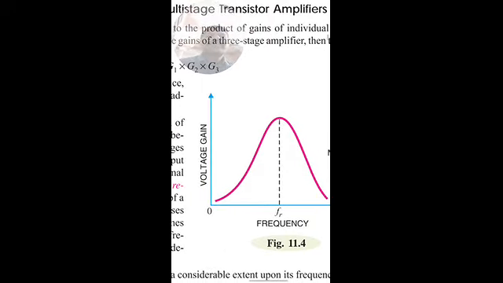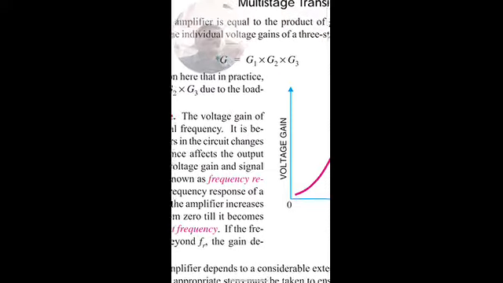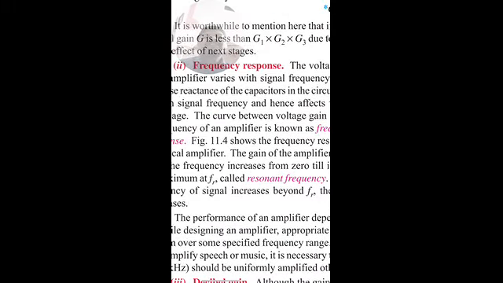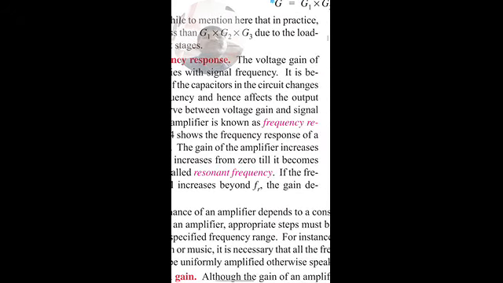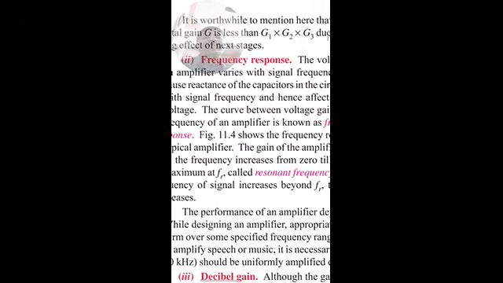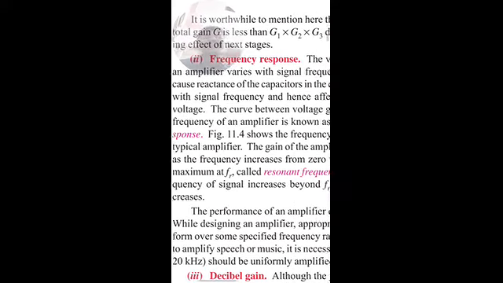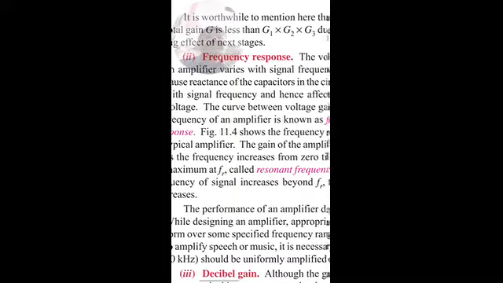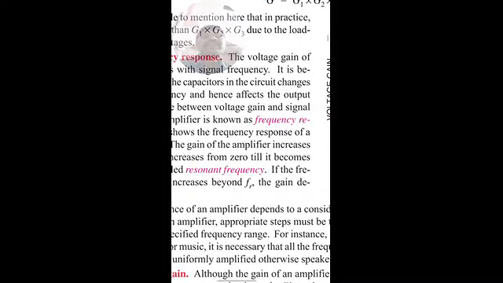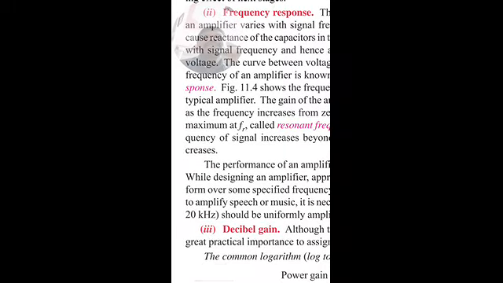We will study later the reason why the gain falls at low and high frequencies. The gain of the amplifier increases as the frequency increases from 0 till it becomes the maximum, at the resonant frequency. As the frequency of the signal increases beyond this FR, the gain again decreases.